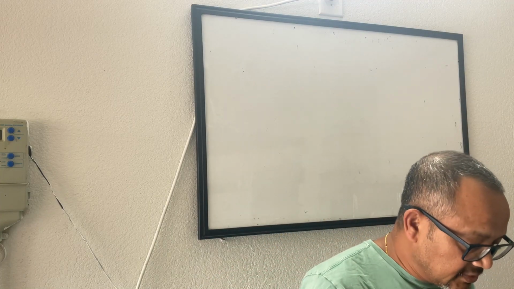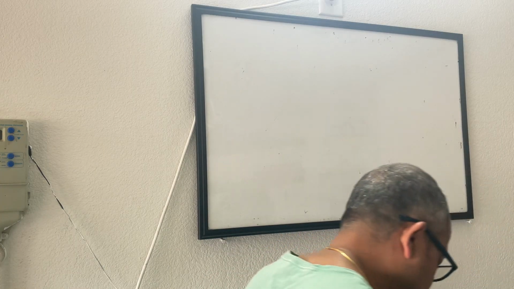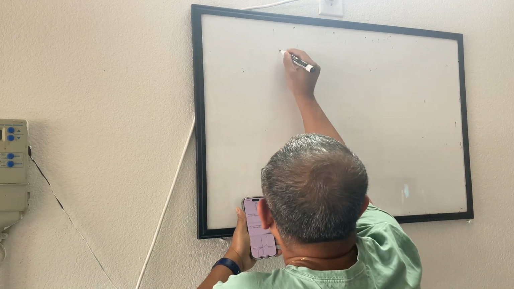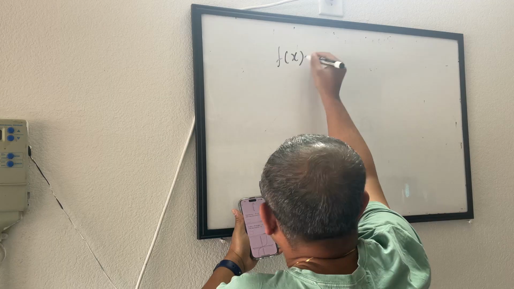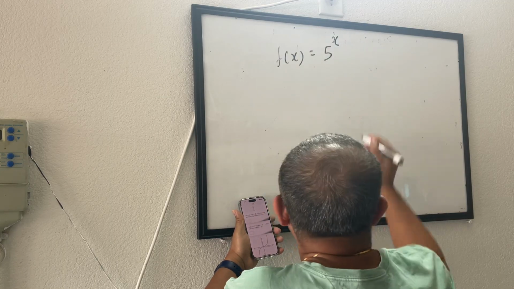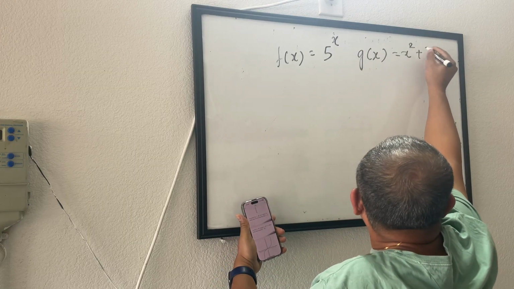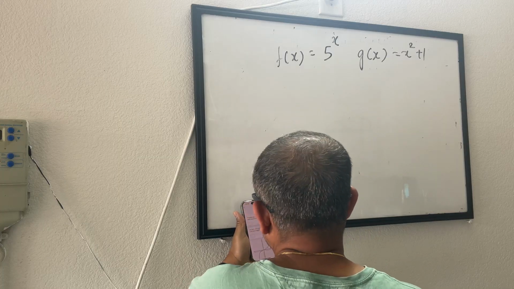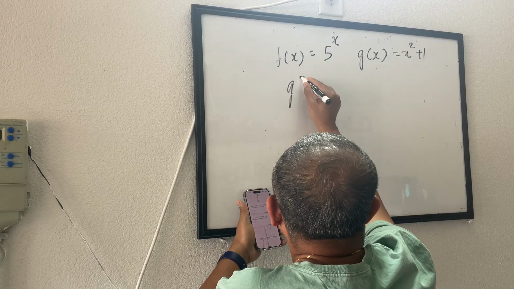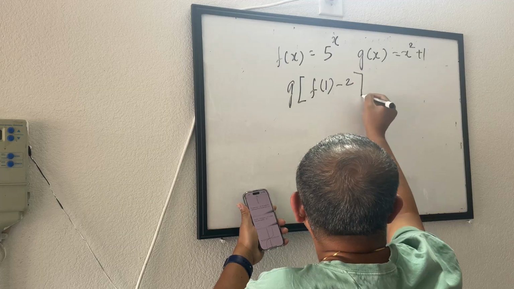So I have a problem which says, and I don't have a problem, I have found a problem for you guys. It says, let's say f of x is equal to 5 to the power x, and g of x is equal to x squared plus 1. What is the value of g of f of 1 minus 2?